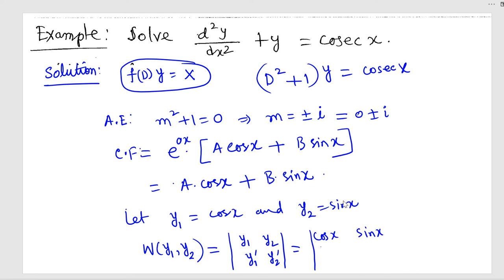The derivative of cos x is minus sin x, and the derivative of sin x is cos x. If you evaluate this determinant, you will get cos² x + sin² x, which is 1, which is non-zero.